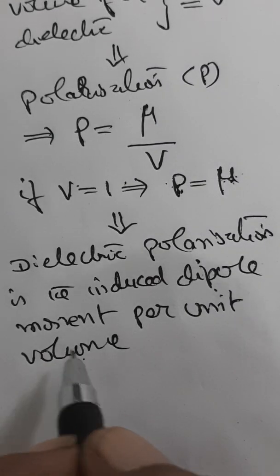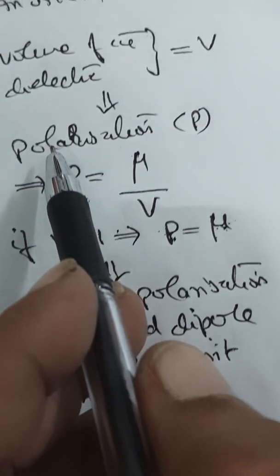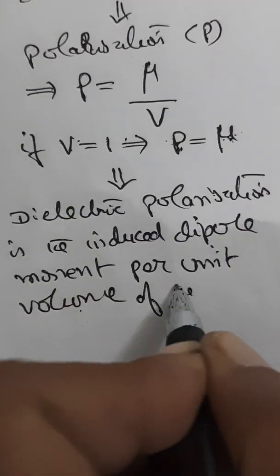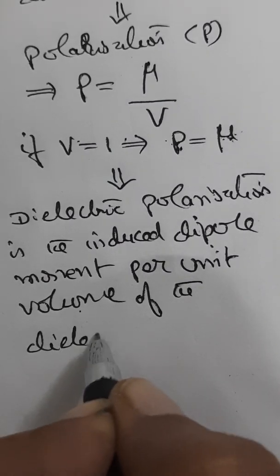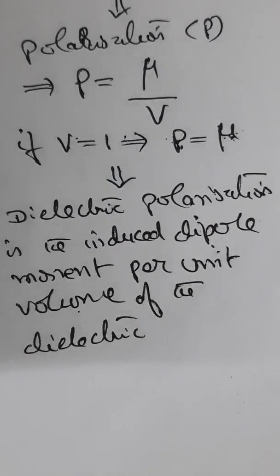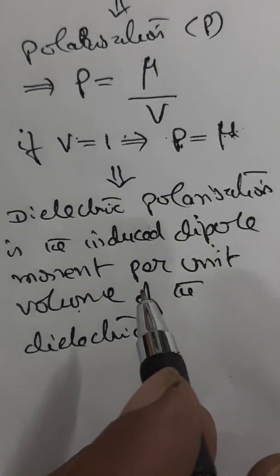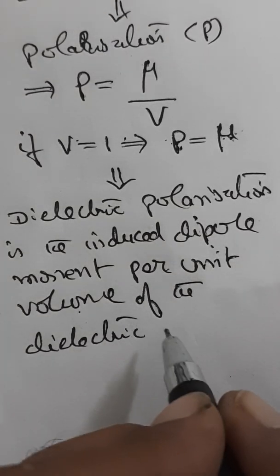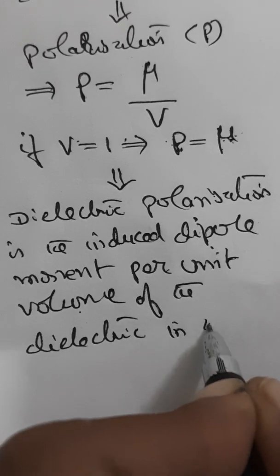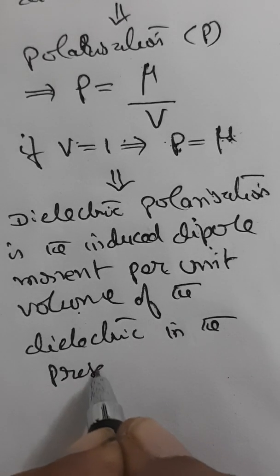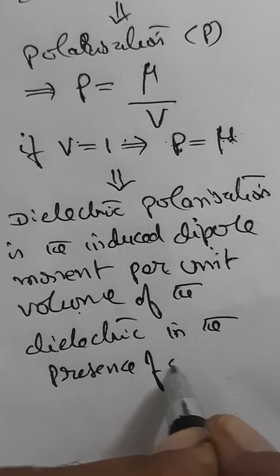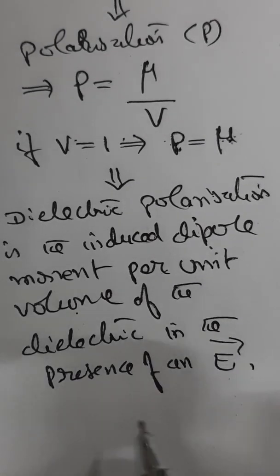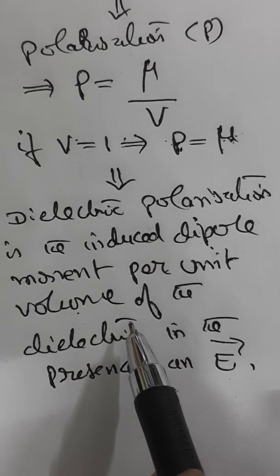This volume belongs to whom? Volume of the dielectric. So per unit volume of the dielectric, all this is happening when? Only when there is an electric field. Therefore, per unit volume of the dielectric in the presence of an electric field. So this is how you can define dielectric polarization.